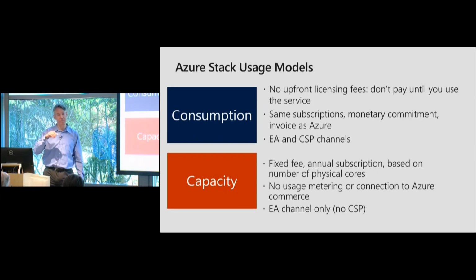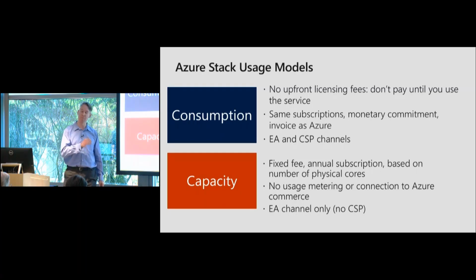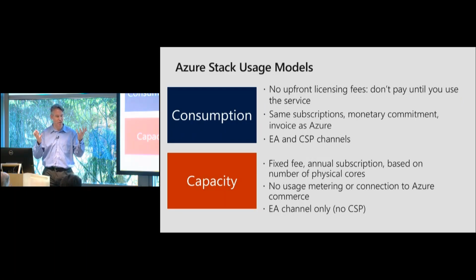You sign that up on a year-by-year basis, and the reason for the capacity model is that some people want to run disconnected. If you're disconnected, you can't send the meters of what's running up to the Azure billing engine, so you just pay a monthly charge.